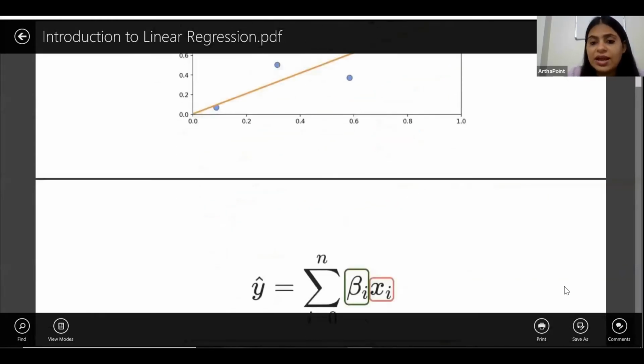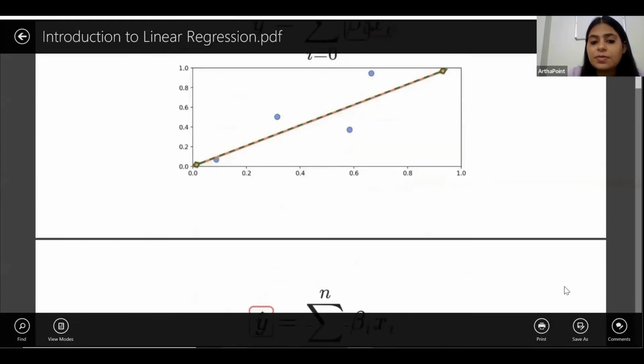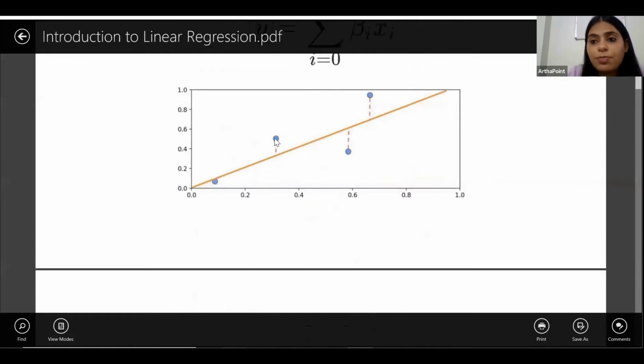Let us go ahead and see that error. So consider that blue is the point that's the actual point that is given to you. Yellow line tells you what the machine predicted. The gap, this dotted line, is the error.